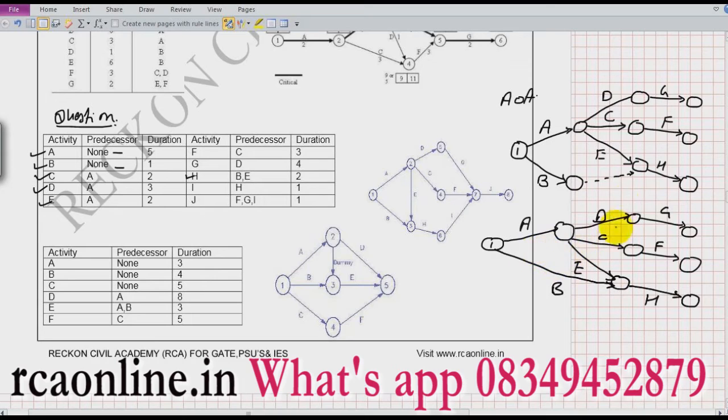So what I have done is I have joined B and E activity at one node, so I don't require this dummy activity unnecessarily. This comes with a little experience. If you first study the complete diagram, then you understand that you don't need these things, you can straight away join them.